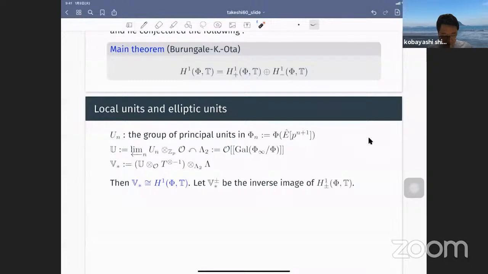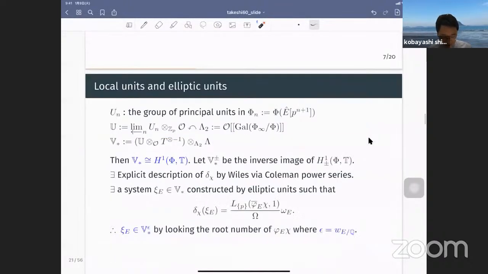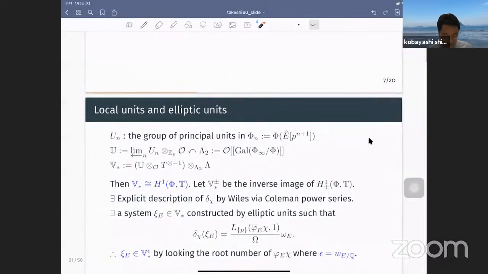Of course, we need to describe the dual exponential map delta chi in terms of local units. So there's an explicit description of delta chi. This is the explicit reciprocity law by Wiles.